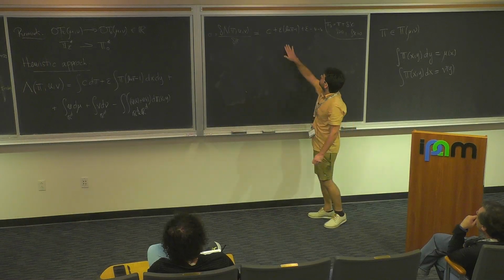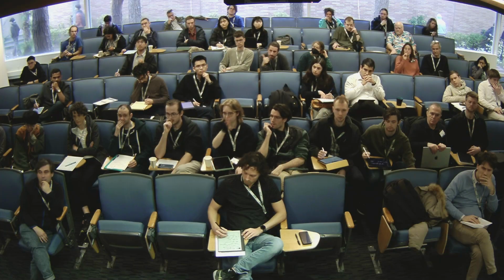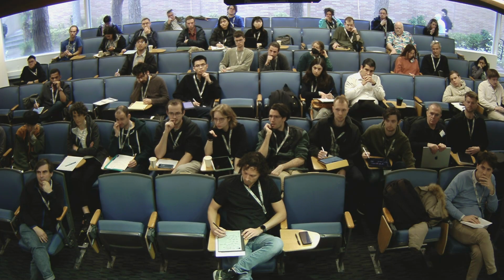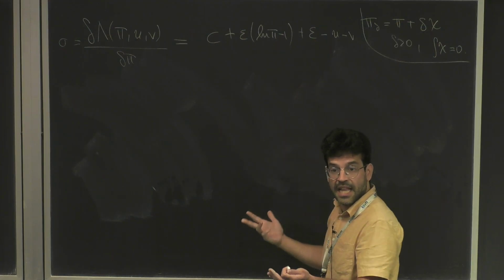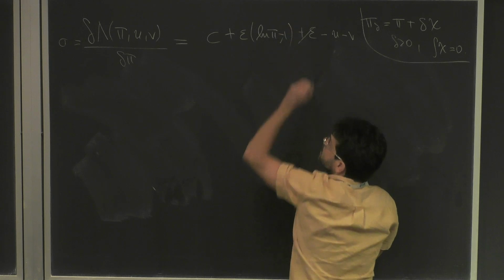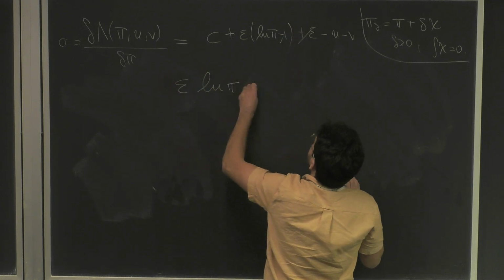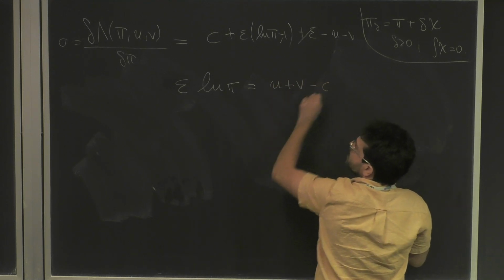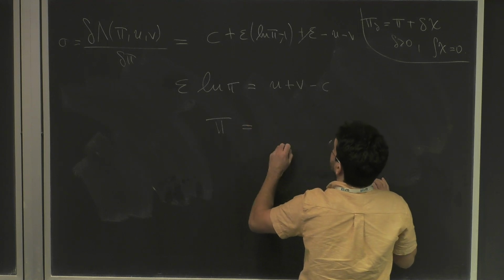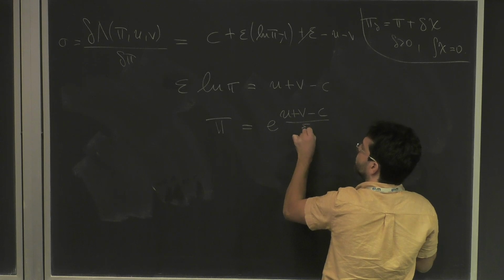Okay? So what is missing, Natalia? This is the derivative of the entropy, and that's why I have the minus 1, because here I have minus epsilon plus epsilon. This is beautiful, I can cancel this. So then we have epsilon log of pi equal to u plus v minus c.